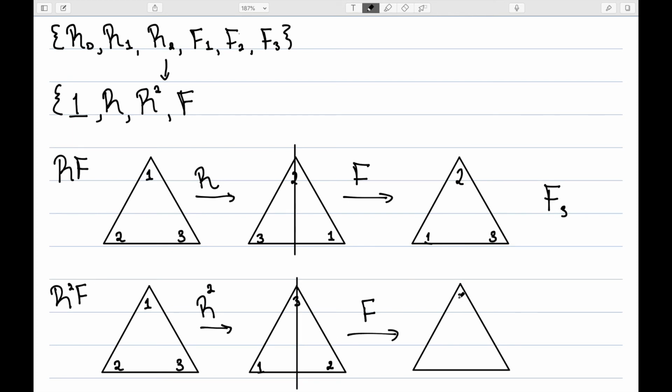So 3 would stay where it is, 2 would come over here, and then 1 would move to the bottom right. And so comparing this one to my original triangle, we can see that this is the same thing as F2. So with this, I can write my other 2 elements as RF and R squared F. So this is a group with 2 generators. We can generate it just by 1 rotation and 1 flip.